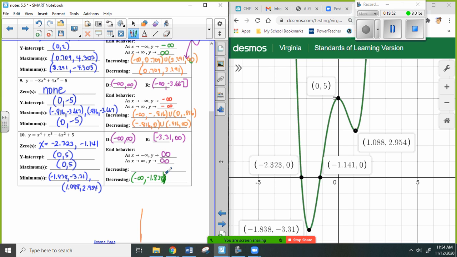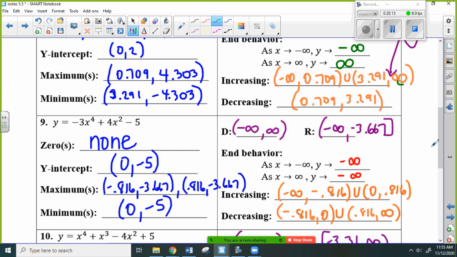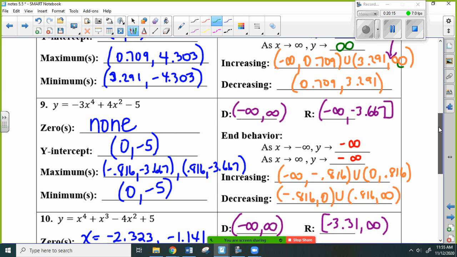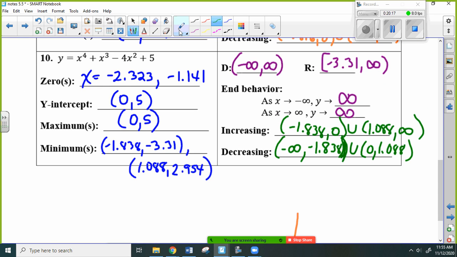And then we're going to increase from that minimum to our maximum. Then we're going to decrease again. And last but not least, we're going to increase. Remember, you always end with positive infinity. Okay, so let me make that bigger so you can see it, and clean up my sloppiness.